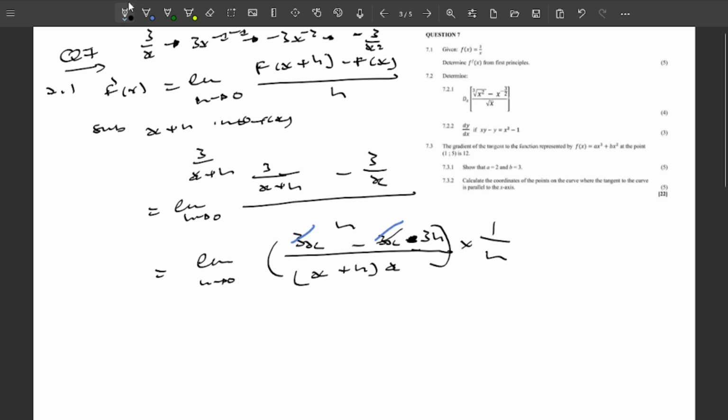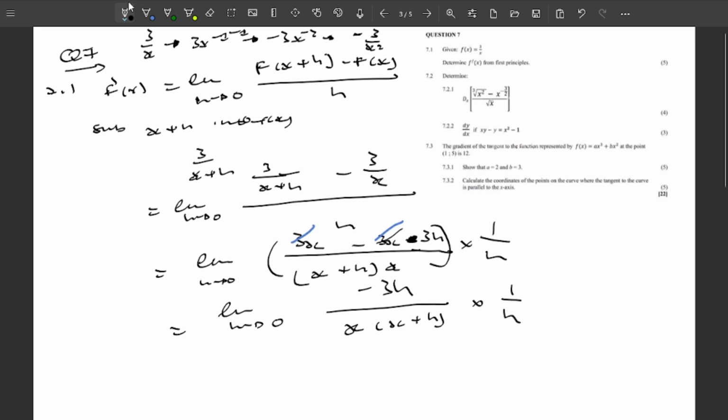And I'm left with negative 3h over x times x plus h, multiplied by 1 over h.